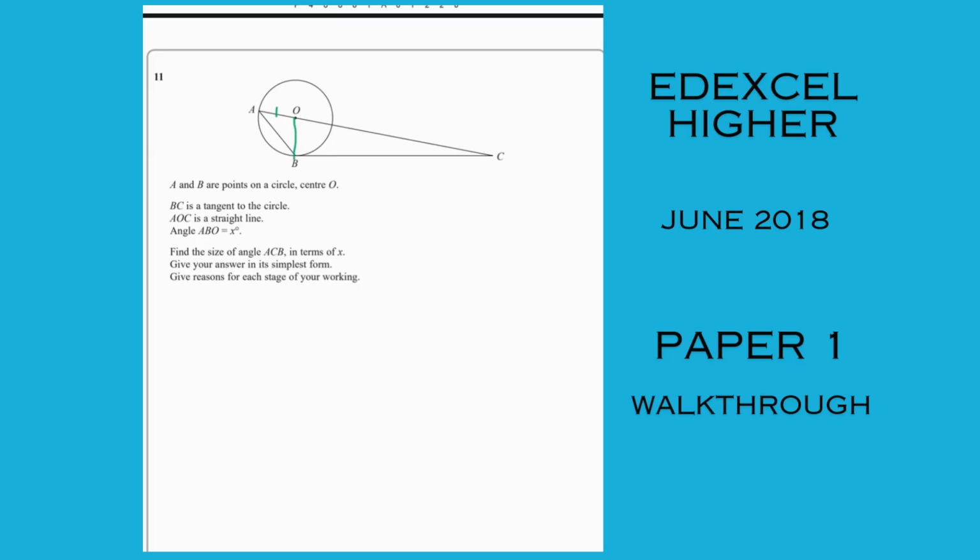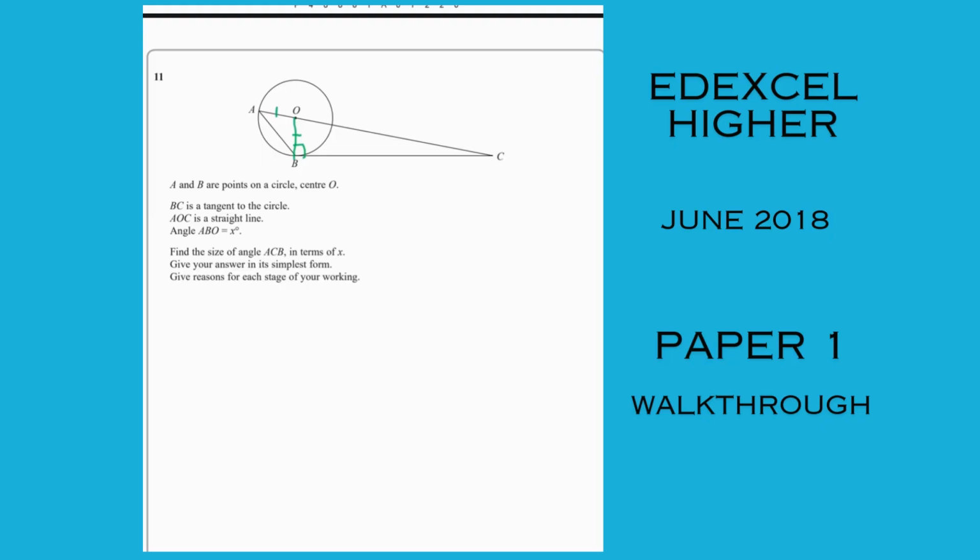AO is the radius, OB is the radius, you have an isosceles triangle, and while we're there, with OB being the radius, BC being a tangent, tangent and radius always meet at a right angle, so stick the 90 degrees in there.